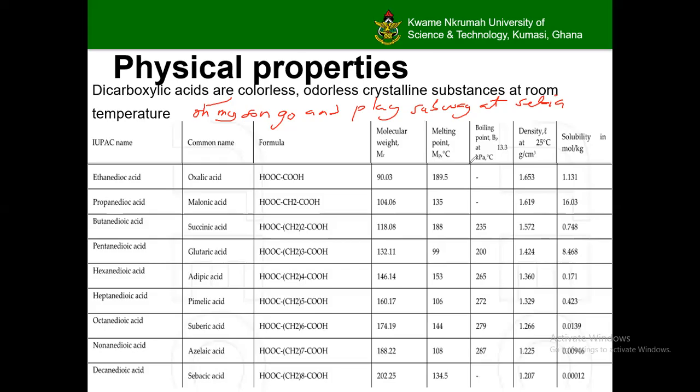So the overall density will decrease. The molecule becomes lengthier and bulkier as you go down, and that significant increase in volume would overcome the increase in mass and make the net density decrease. That is what we have here. Good. So a lot of things to learn from the table.